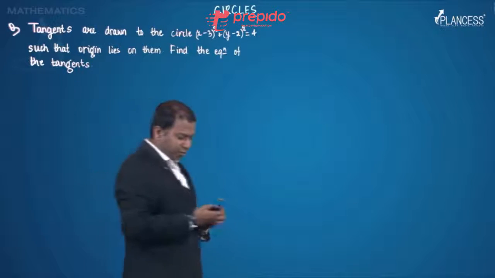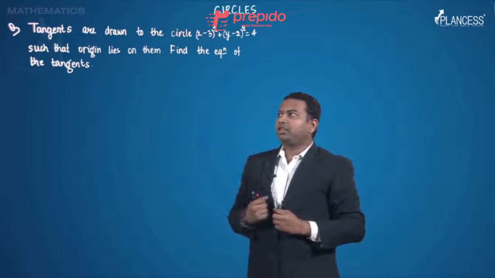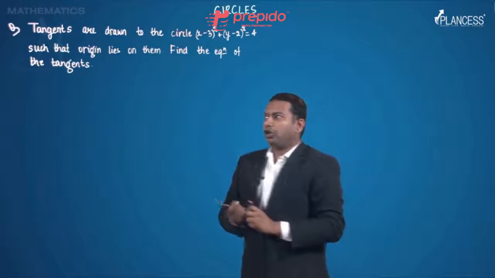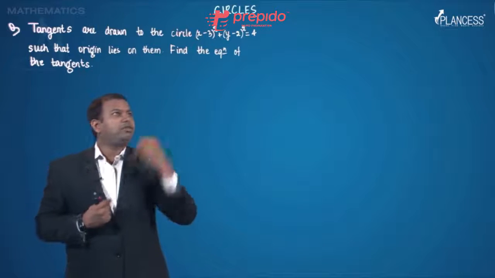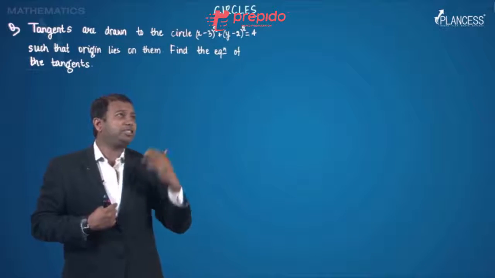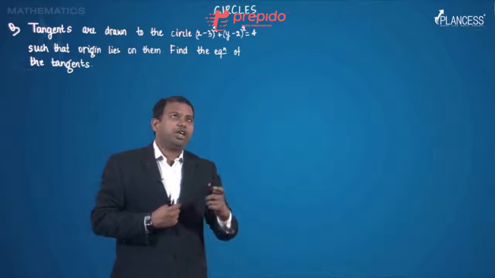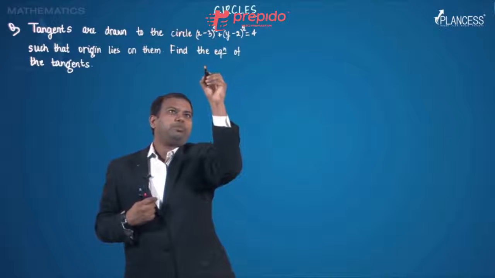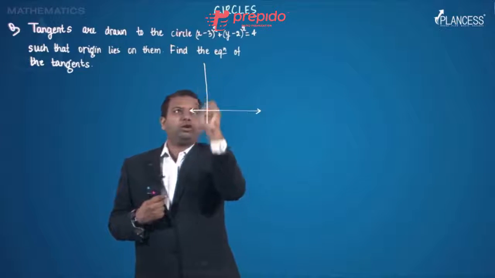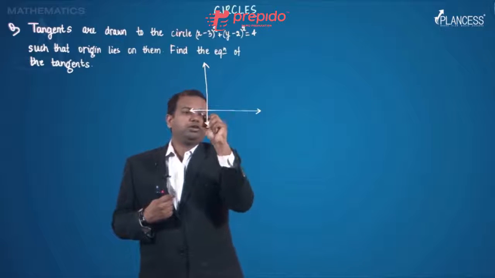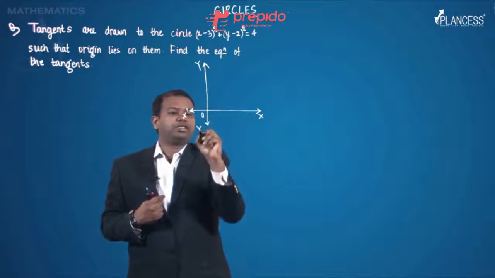So let us try to solve this question. Now we have a circle and tangents are drawn basically from the origin. Let us see first of all how many tangents can be there. So if we plot this circle on an xy plane, this is our x axis and this is our y axis.